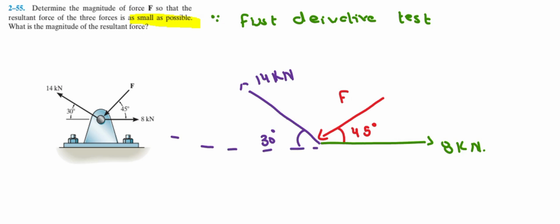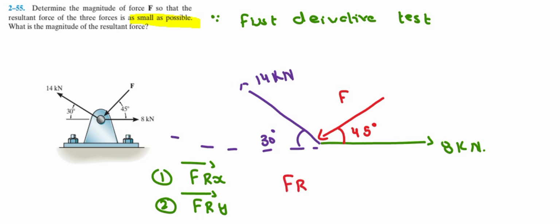Now our first step is to resolve these particular forces into their components, and after that we should add all the x components together, that is FRx, and then all the y components together, that is FRy. So the formula of the resultant vector is written as FR, which is equal to FRx plus FRy.